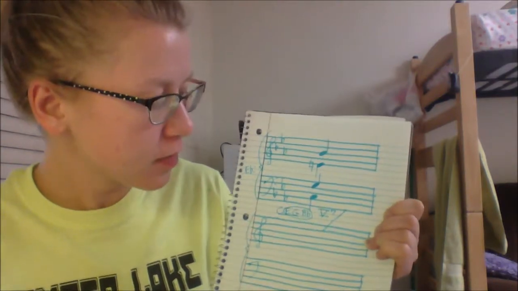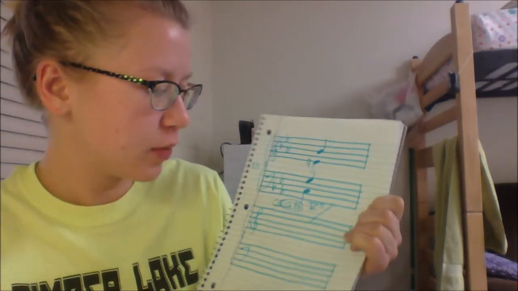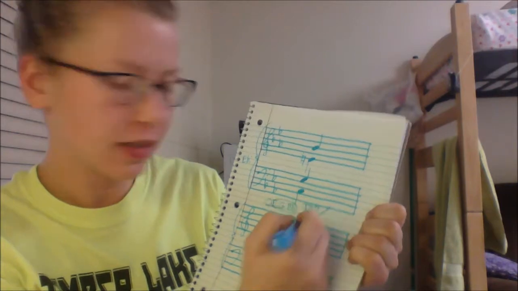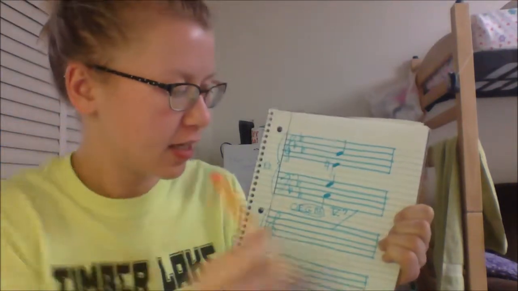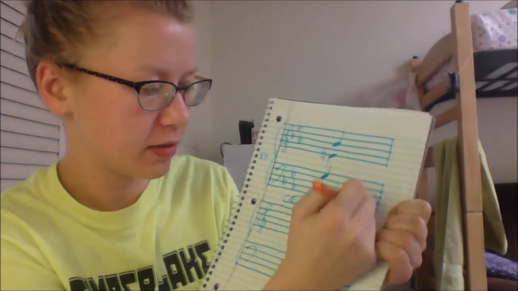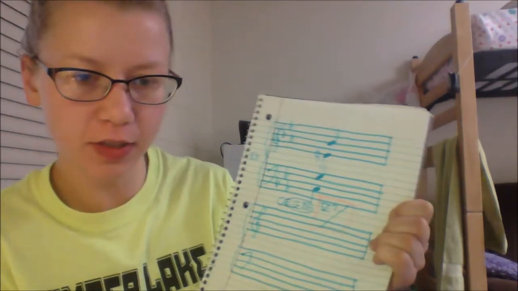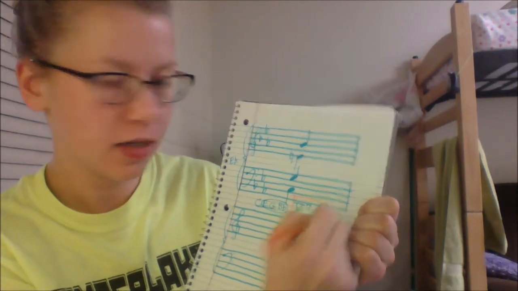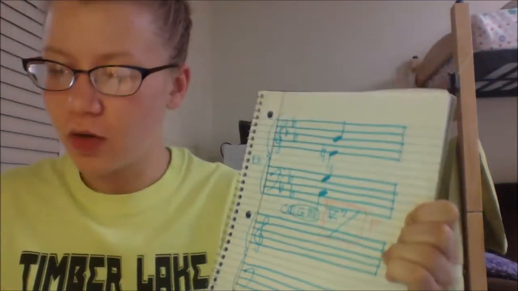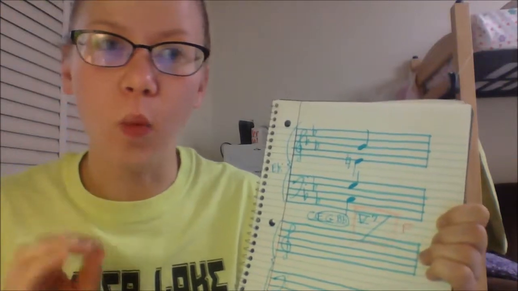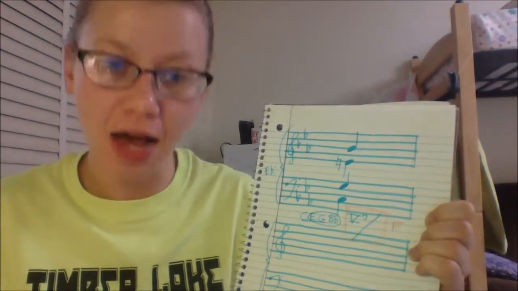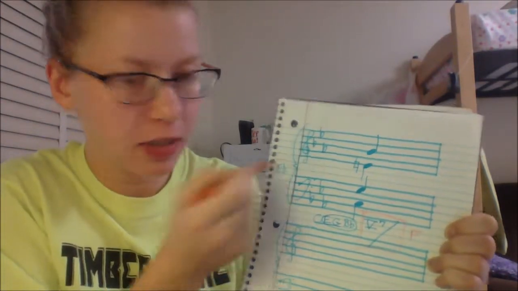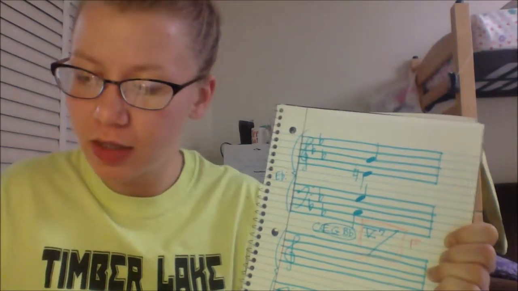Okay? So now that we've established that, this secondary function chord is functioning in the key of F. We need to think, what scale degree is F in the key of E flat?